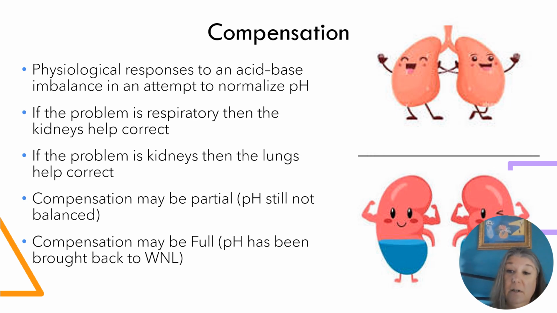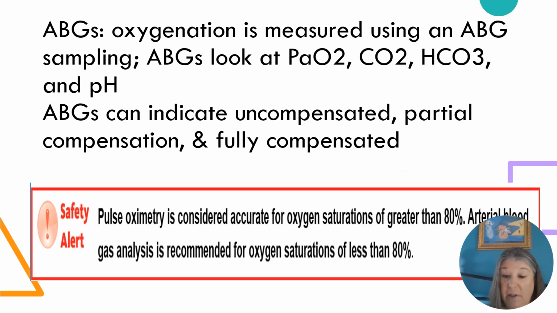So you are still at risk of system failure, because even though your pH is within range, your body is struggling to keep it there. Anytime we are struggling to keep something in homeostasis, technically we're not really in homeostasis, because the body shouldn't be struggling, and it's going to take wear and tear, and something's going to give out.